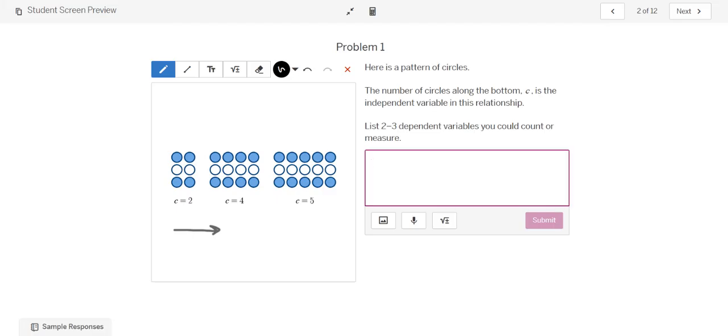In this case, maybe B equals the number of blue circles, W equals the number of white circles, and maybe a T equals the number of total circles.